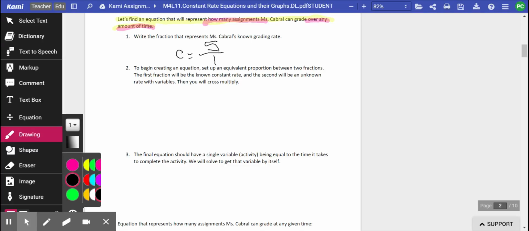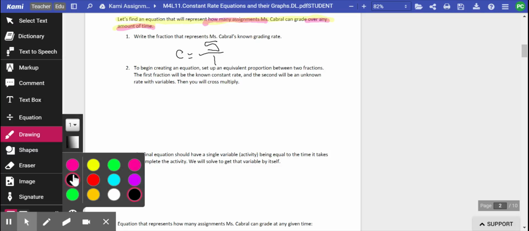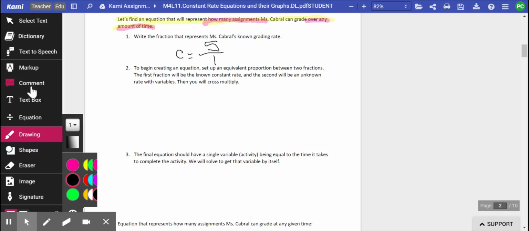So the first thing that I suggest doing when you start thinking about setting up the next part of your equation, the two equal fractions, is to decide what variables you want to use to represent the unknowns. In this case, that's how many assignments I can grade and how long it's going to take me. So I suggest that you mark your text or let yourself know somehow what letters you're using and what they mean.